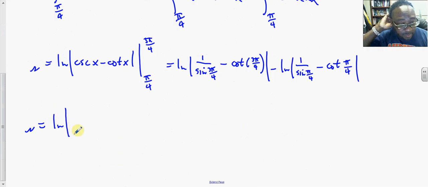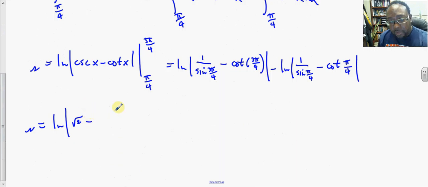Now sine of pi over 4 is 1 over the square root of 2, and 3 pi over 4 will put us in the second quadrant. So in the second quadrant, y is positive. So this is positive 1 divided by 1 over the square root of 2. That just comes out to be the square root of 2.